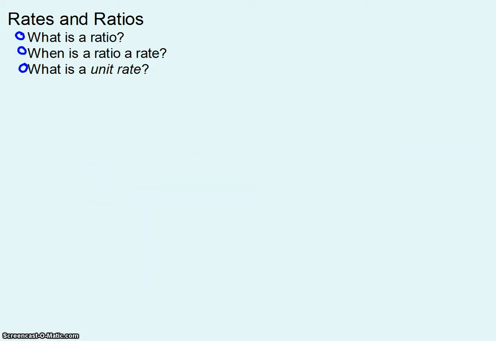So we've looked at what is a ratio, and now we're going to look at the question of, when is a ratio also a rate? Well, remember, a ratio is a comparison of two numbers by division. If I write something like 5 dogs to 3 cats, there's a ratio.